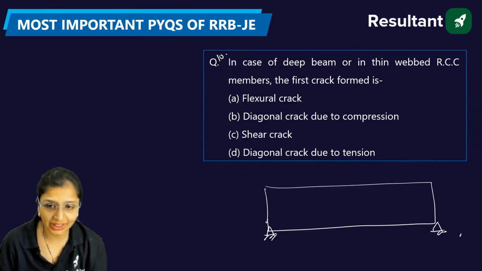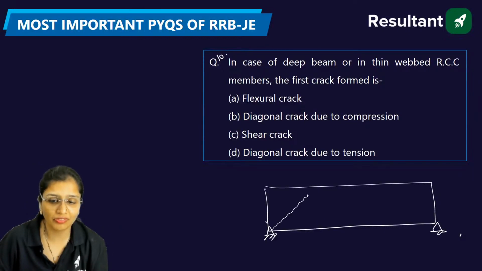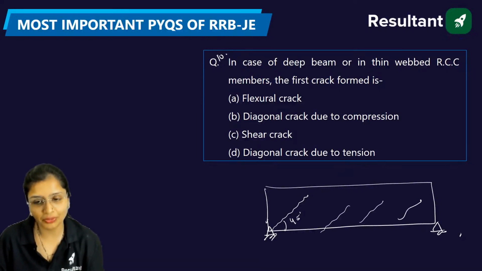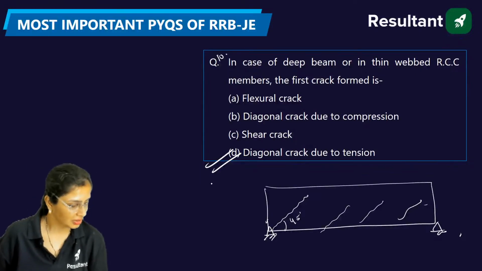Partially correct, partially incorrect. Deep beams, thin webbed RCC member, the first crack formed will be obviously diagonal, but that will be due to tension. So you will get cracks like this, but that will be due to tension. So diagonal crack due to tension. So it will be D.